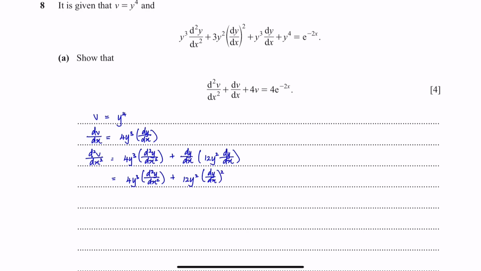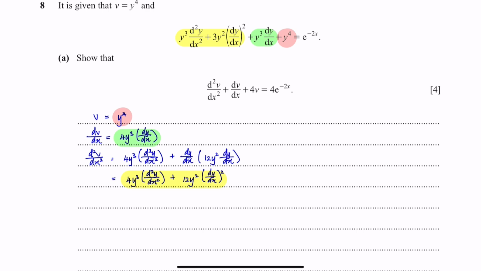And we can see that this part is actually 4 times of this, and dv/dx is actually 4 times of this, and this is just this.